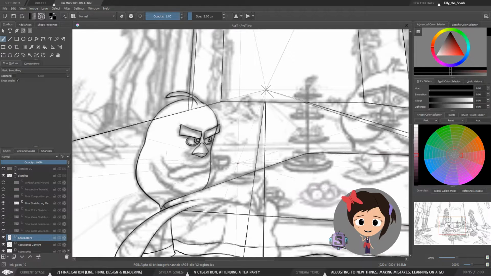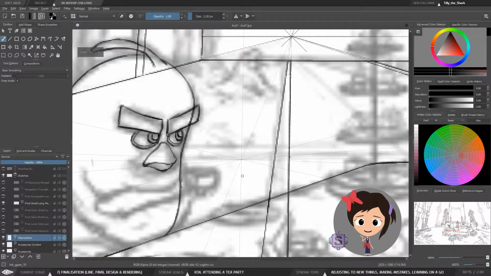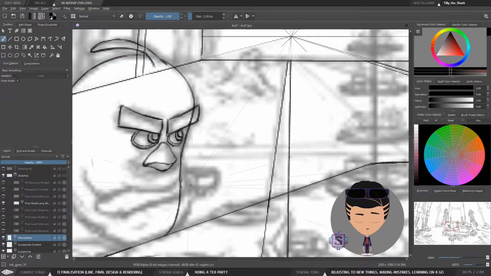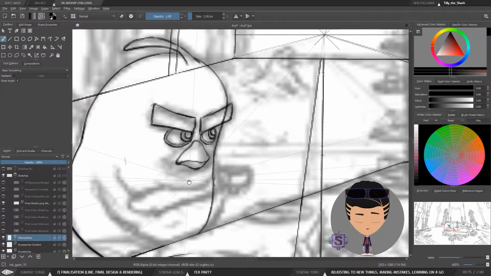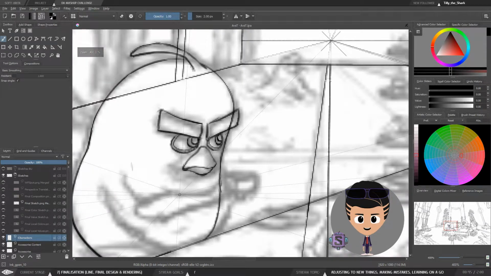Again, beak is a pretty complex form. It's pretty hard to make beak look natural, because what is the natural look for the beak?